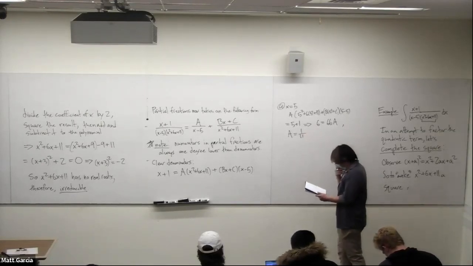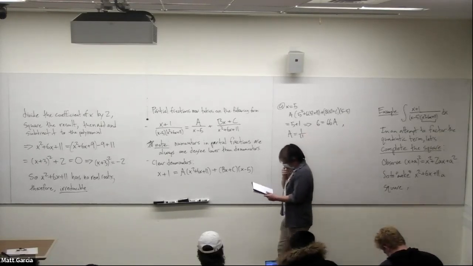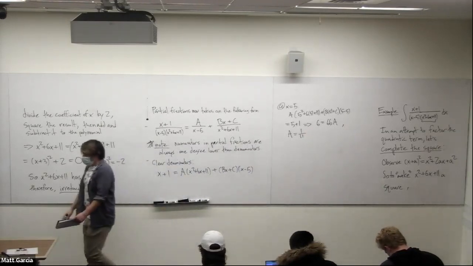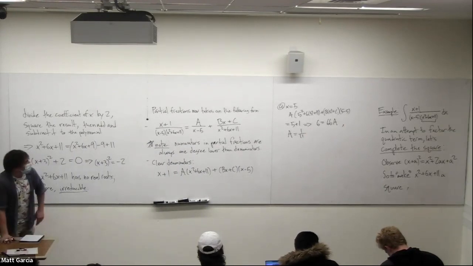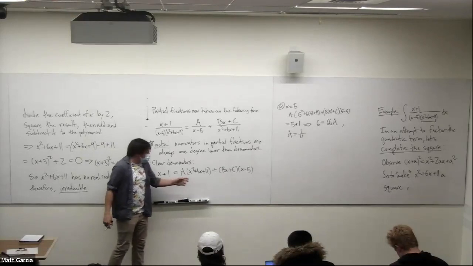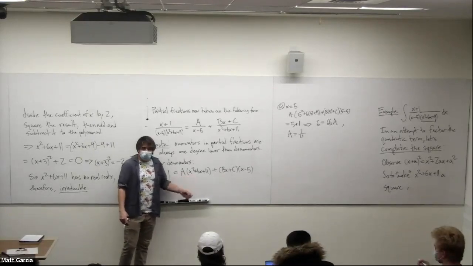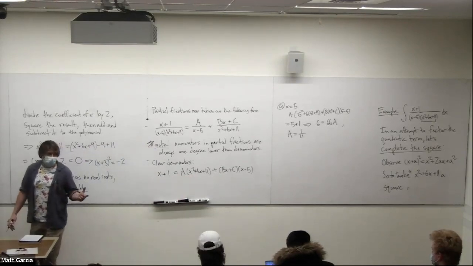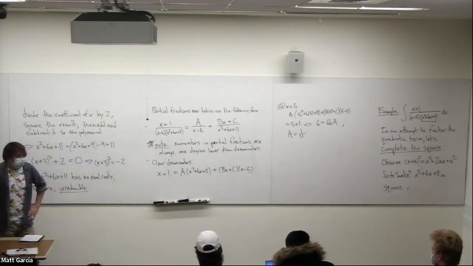Okay. So here's how we address B and C. Ostensibly, we should pick something that sends this to 0, but we just convinced ourselves that there is no real number that makes this polynomial 0.